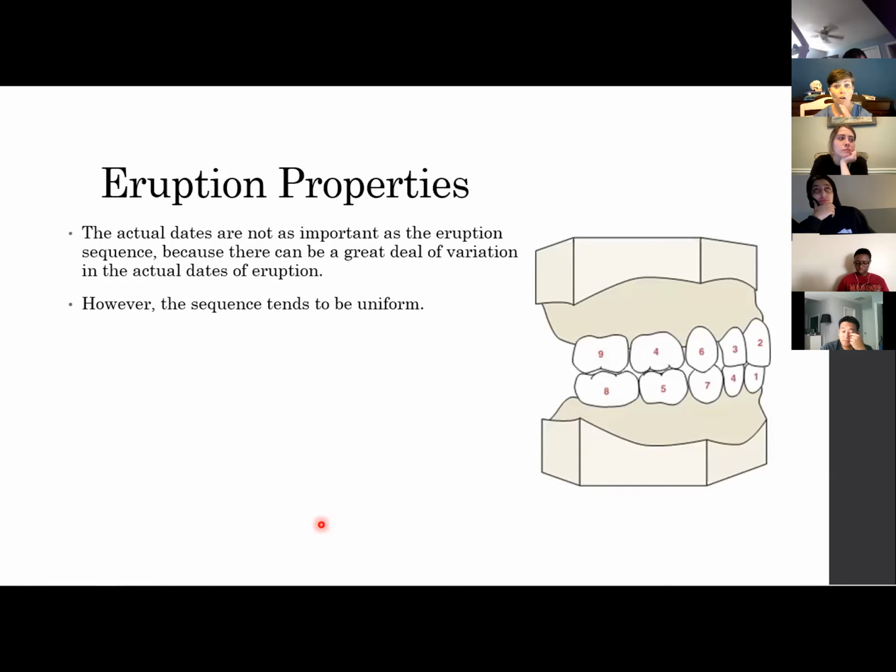You start by getting your mandibular centrals, then your maxillary centrals, then your maxillary laterals, then your mandibular laterals. Then you jump to the back and get your first molar, first maxillary molar, mandibular first molar, and then your maxillary canine, mandibular canine, second molar on the mandibular, and then second molar on the maxillary.